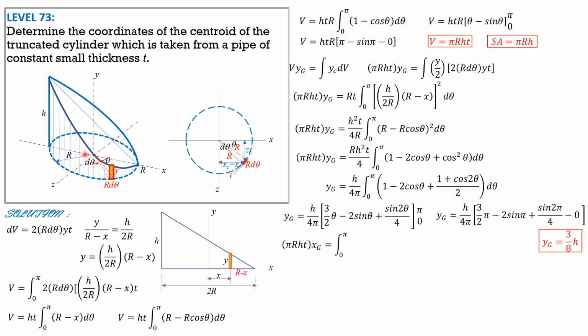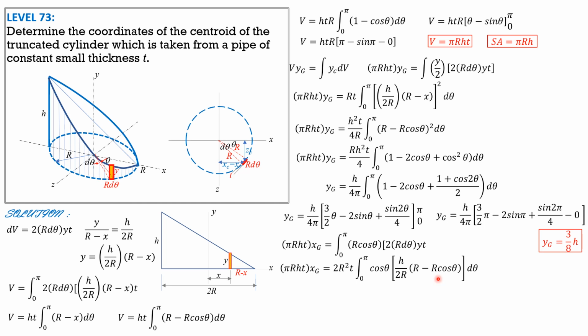So πr h_t x_G equals the integral from 0 to π of x_c, which is just x, and x is r cosine θ. dV is 2r dθ y_t. Simplifying, πr h_t x_G equals 2r squared times the integral of cosine θ, then y, dθ.